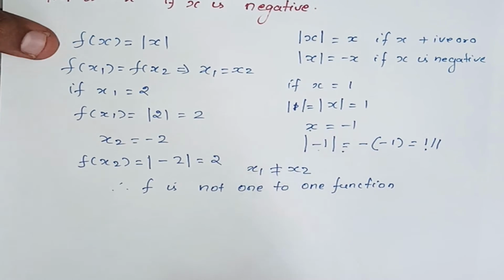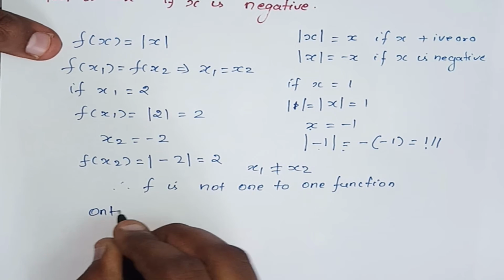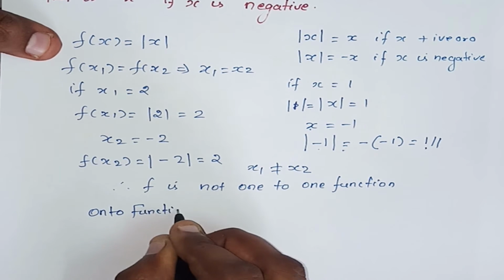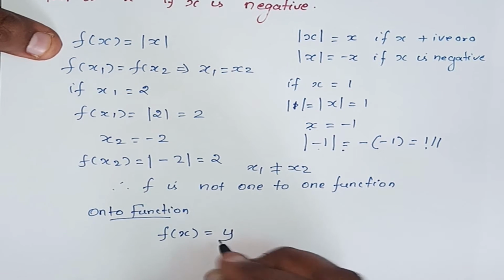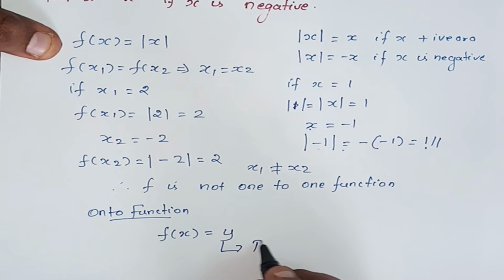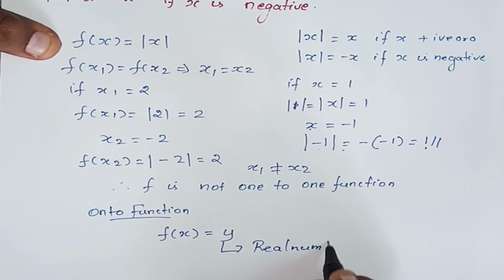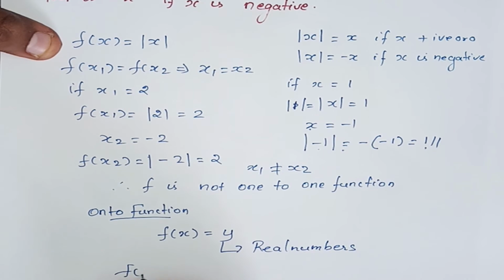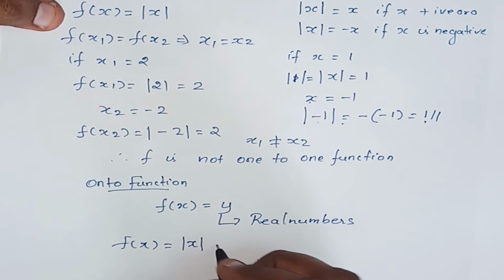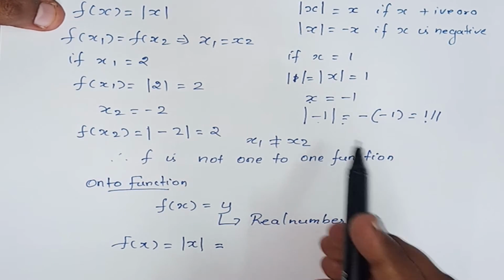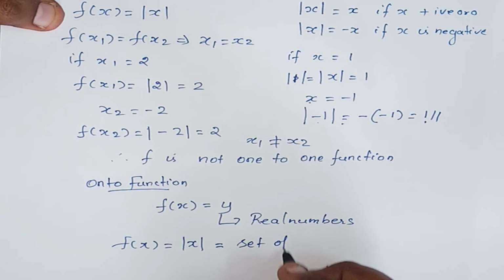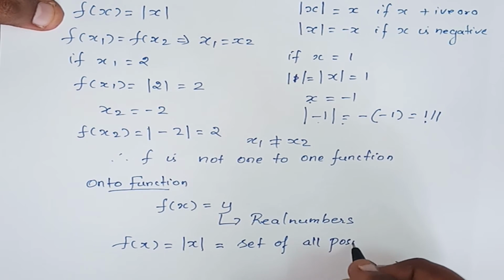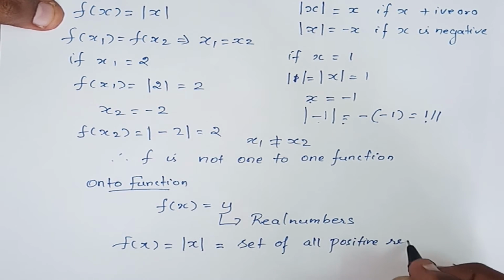Next we need to prove the onto, right? Onto function. For onto function we need to prove f of x is equal to y. Here y is nothing but a real numbers, right? But f of x is equal to modulus of x. What is the meaning of modulus of x? It should be a positive number only, right? The answer should be positive only. So modulus of x is a set of all positive real numbers.